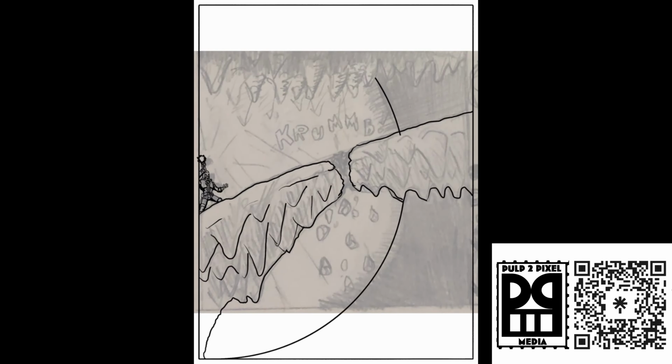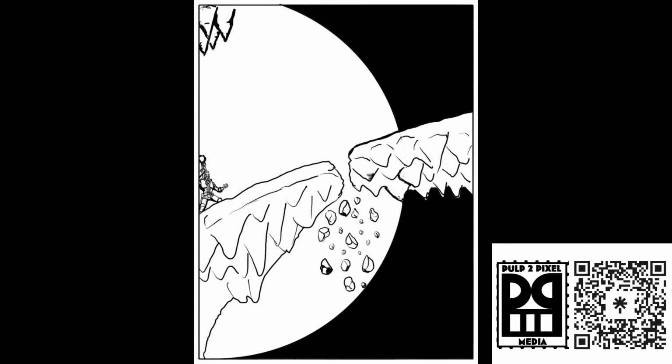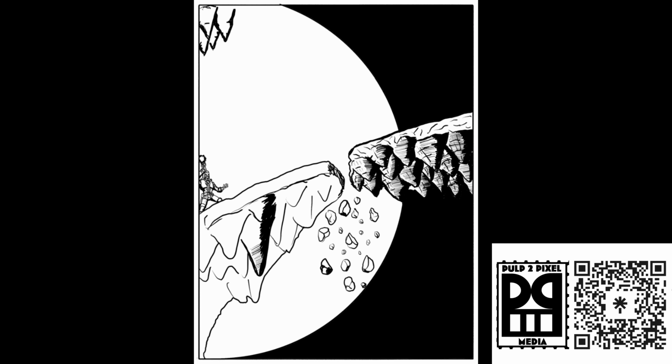Here we're seeing the results of last week's panel where the chunk of rock was somehow dislodged from the roof by something shadowy up in the ceiling area of the cavern, and it's now breaking the one bridge that needs to cross on the expanse to get to the energy source he's looking for, and the structure, the door structure that he's seen.